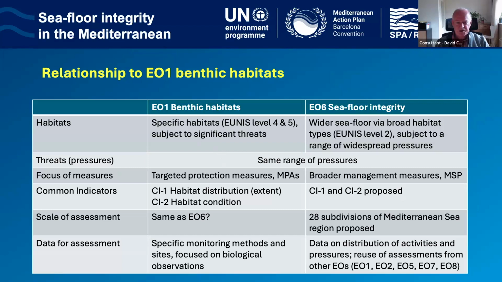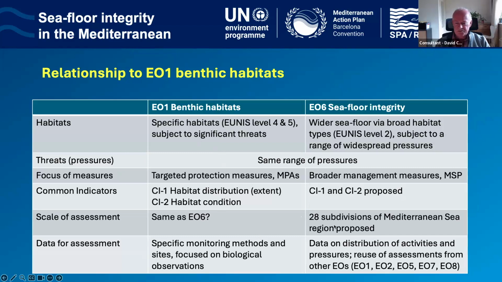For measures, you would expect more targeted measures on EO1 and broader measures to apply for Ecological Objective 6. The common indicators are already well established for EO1 in terms of habitat distribution and habitat condition, and these would be equally applicable to the EO6 situation.